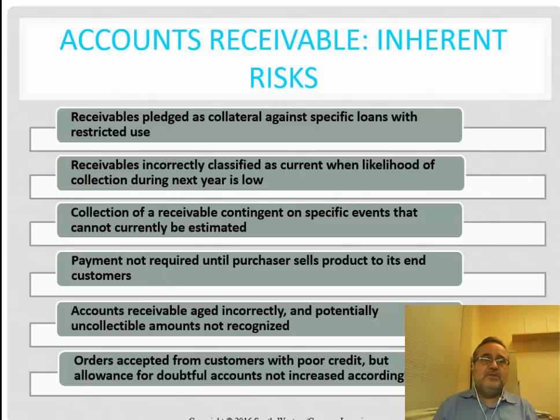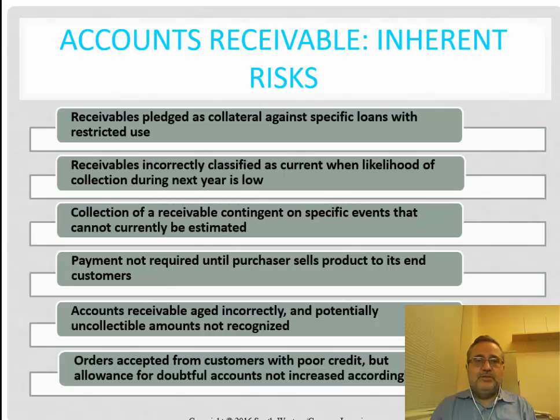So let's talk specifically about accounts receivable. Accounts receivable inherent risk, and again we're looking at what is the nature of these accounts that is going to create risk for the auditor. Receivables pledged as collateral against specific loans with restrictive use.